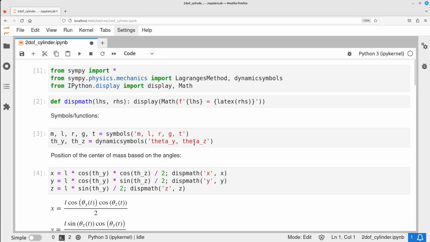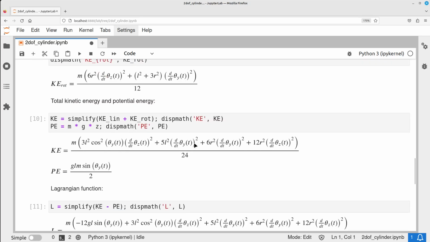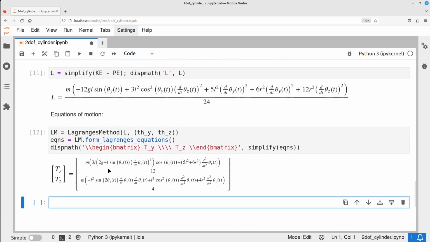So I think that's it for now. Yeah, it's pretty easy. And as you can see here, those are not really dependent on each other.